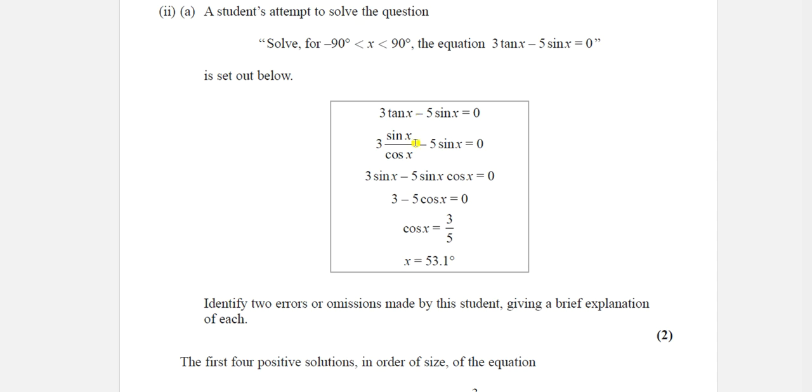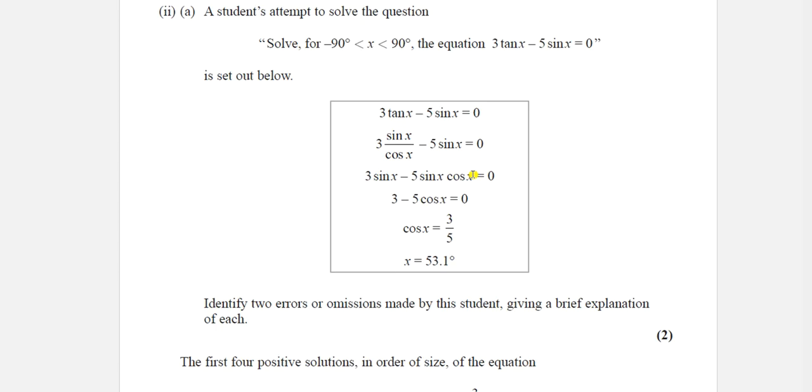So they've converted to sine over cos, and then in the next line, 3 sin x over cos x becomes 3 sin x. So cos x has disappeared from the bottom of the fraction. But they've not just got rid of it or forgotten it, because you can see in the other term on the left-hand side, minus 5 sin x has become minus 5 sin x cos x. In other words, they've multiplied the entire left-hand side by cos x.